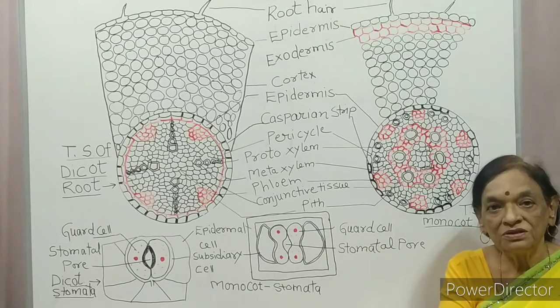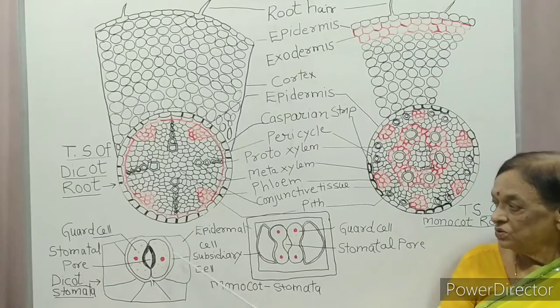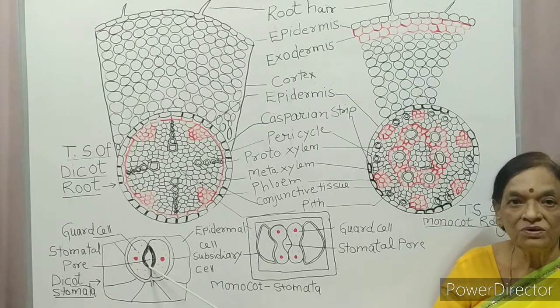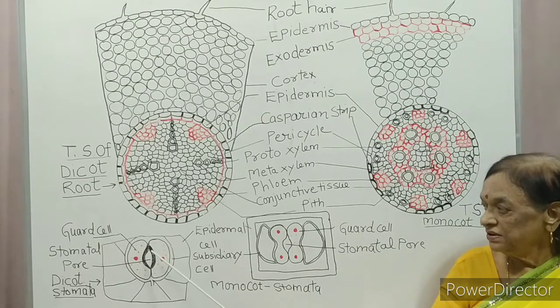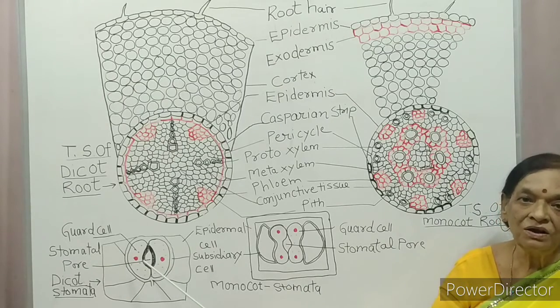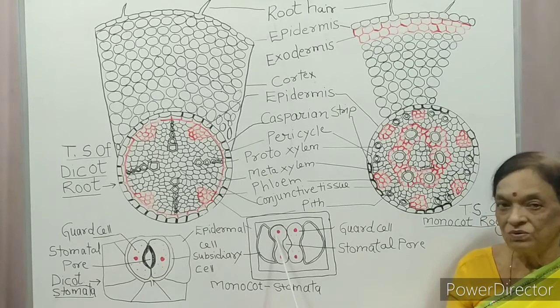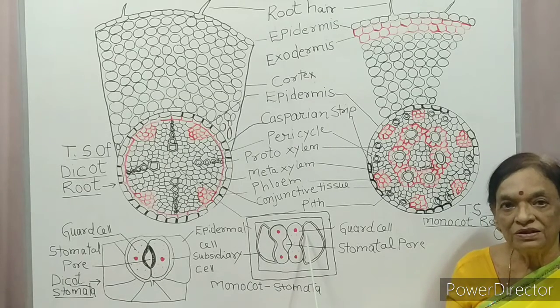So, these stomata are found in leaves and in young stem. Stomata is surrounded by two specialized cells. These cells are called guard cells. You can see the two specialized cells called guard cells.